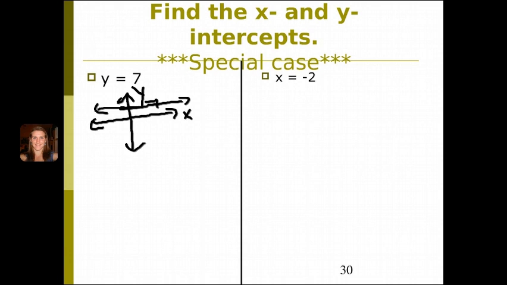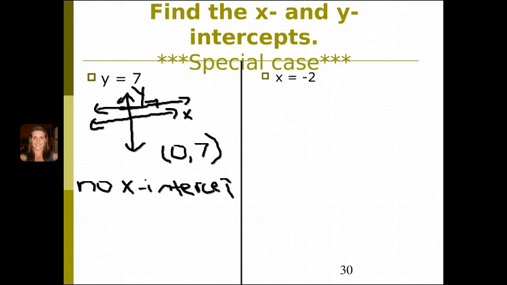So my y-intercept would then be (0, 7). But it does not go through the x-axis at all. So you have no x-intercept. It wouldn't be 0 because you're not going through 0. It would just be no x-intercept.